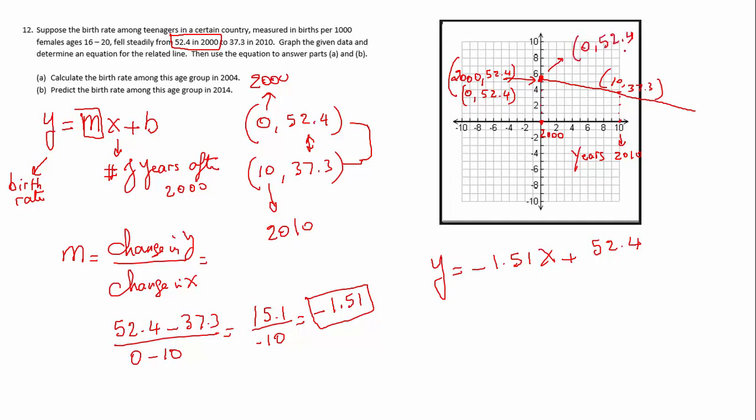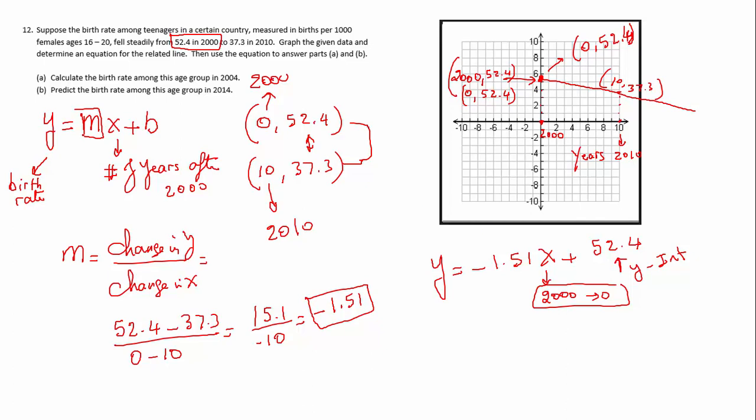That's how we got this slope. x is 0 at the year 2000. So if you put x equals 0 here, you're going to end up with 52.4.